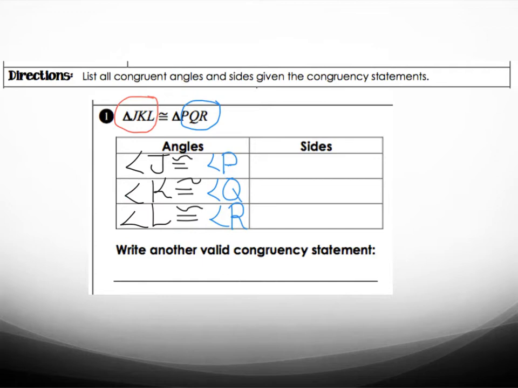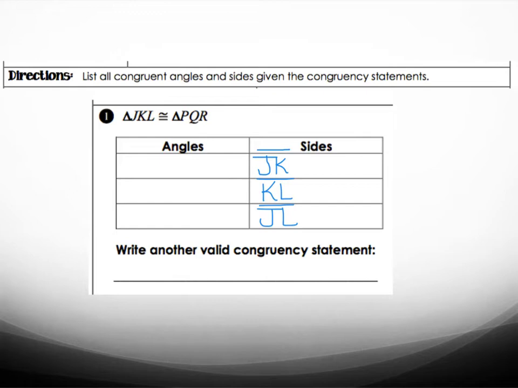We're going to do the same thing with the sides. So take a look at this. I've written down the sides, JK, KL, and JL. And what have I done? I've taken the first two letters here, JK, the last two letters, KL, and then the first and last, J to L, and I've written them down. Now I'm going to set them equal to the corresponding parts.